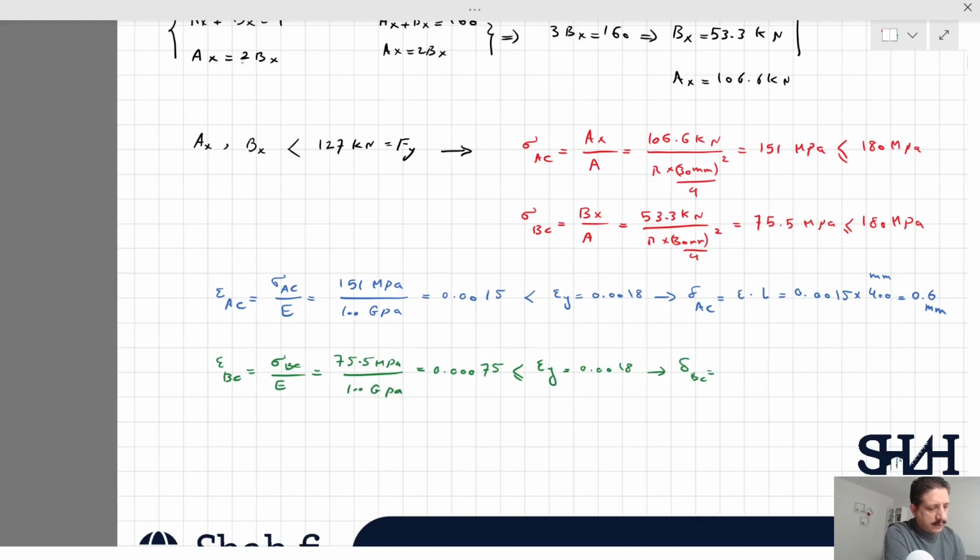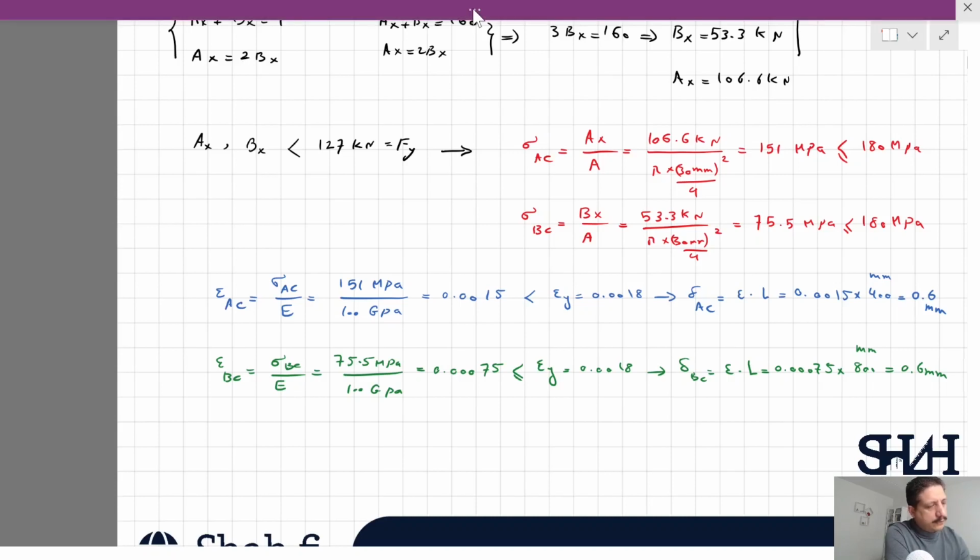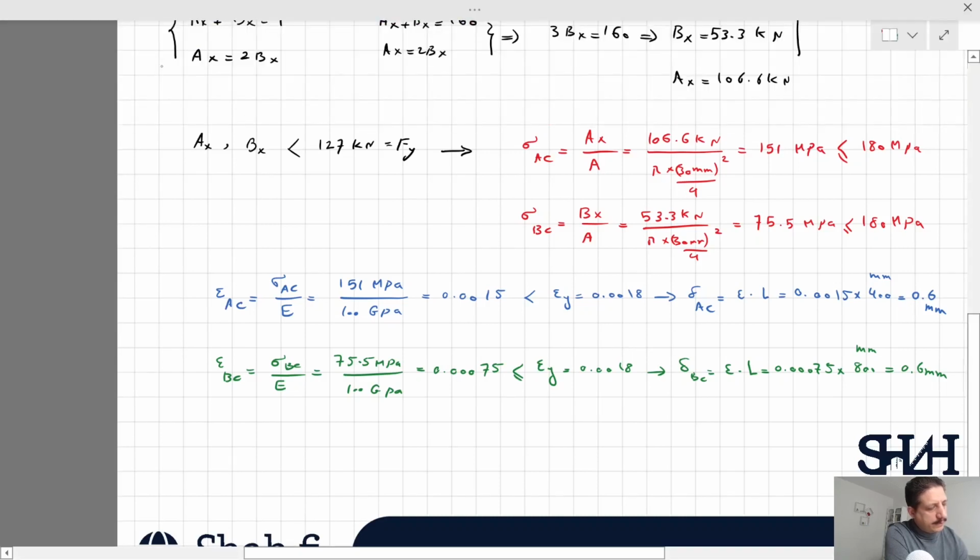Delta BC will be epsilon times L, 0.00075 times 800 millimeter, so surely it should be 0.6 millimeter. And as both members are in the elastic phase, if we remove the load, it will come back to its original length. In other words, we can summarize this example.